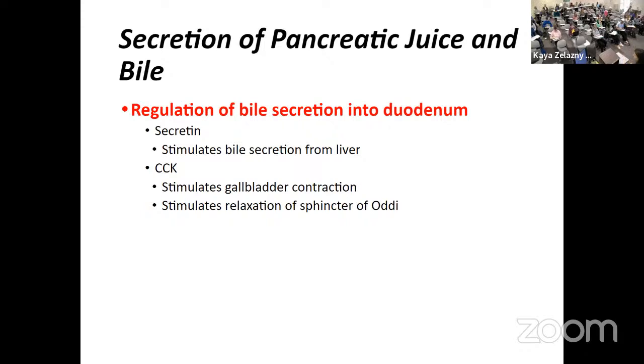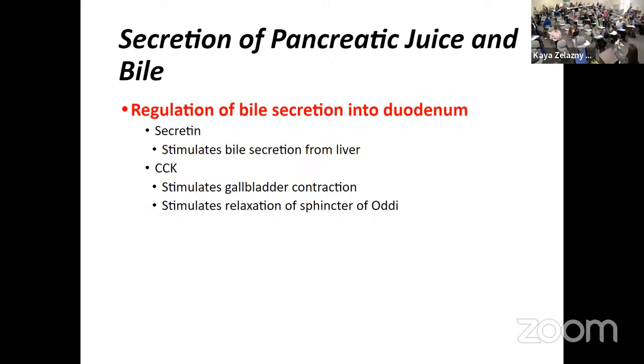Okay. So it's just telling the liver, okay, give me your bile. That's the secretin. That was the one that was helping us release bicarbonate from those duct cells of the pancreas. CCK is going to run up to the gallbladder and tell the gallbladder that it should contract. So when the gallbladder crunches down, right, squeezes, anything that's in the gallbladder gets released.